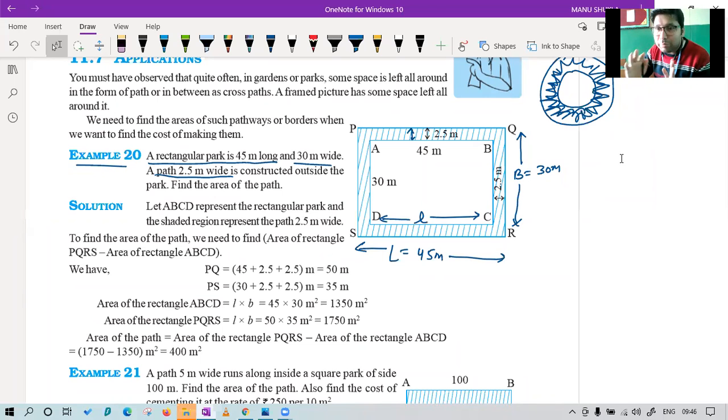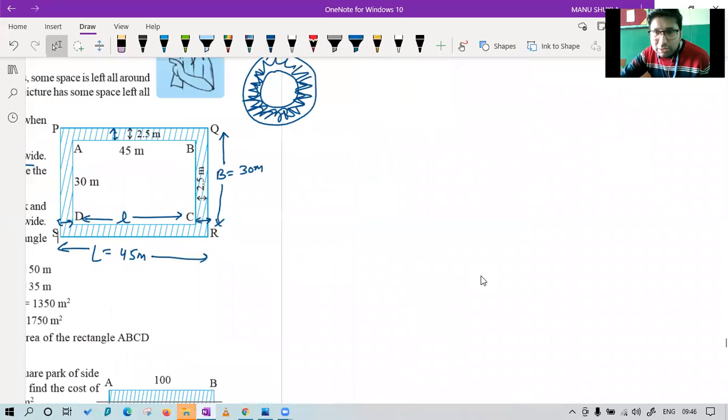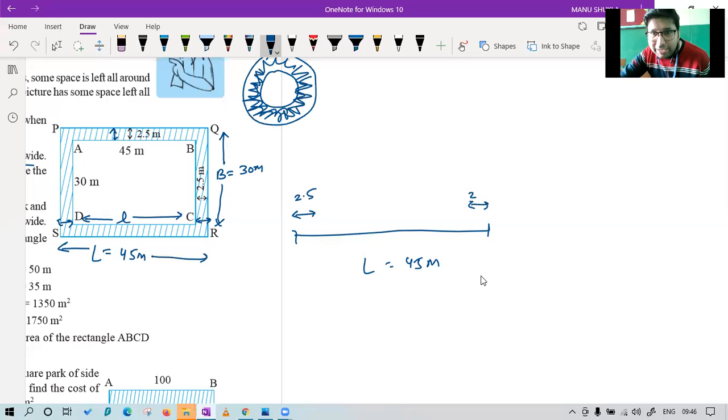Now class, please tell me. If you know that capital L is 45 and this much is 2.5, this much is 2.5, can you find the middle part? That will be your small length. You know that the outer thing is capital L, that is 45 meters, and inside the width of the path is 2.5 and 2.5. Can you find the middle part?